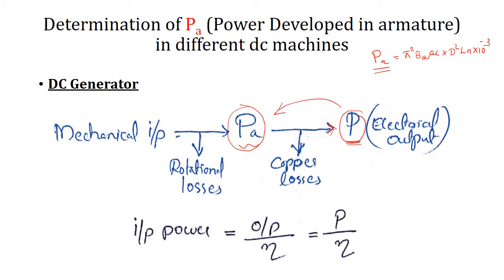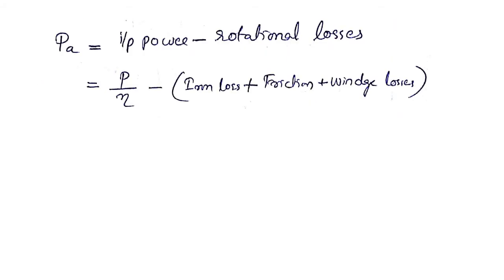So we know that input power of DC generator is equal to output by efficiency. Eta is the efficiency, that is P by efficiency. And from the previous figure, we can see that PA, that is power developed in armature, is equal to input mechanical power minus rotational losses, that is equal to P by efficiency minus rotational losses, that is iron loss, friction loss, and windage losses.